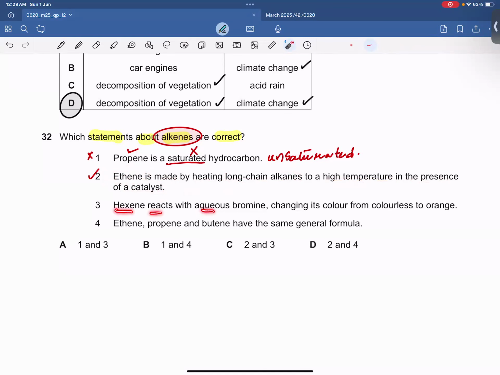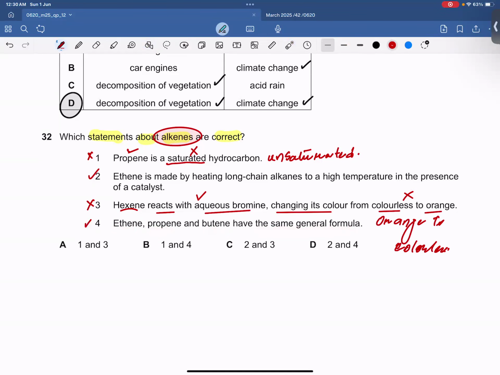Hexene reacts with aqueous bromine, changing its color from colorless to orange. Hexene reacts with aqueous bromine. That's true. Changing its color from colorless to orange. That's incorrect. That's technically orange to colorless, or red brown to colorless. Ethene, propene, and butene have the same general formula.